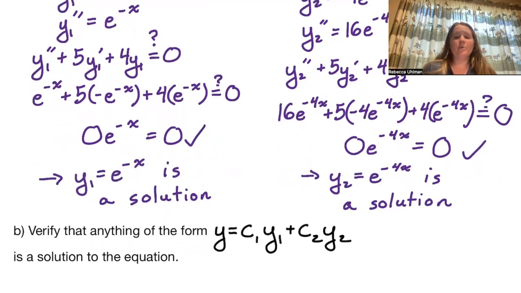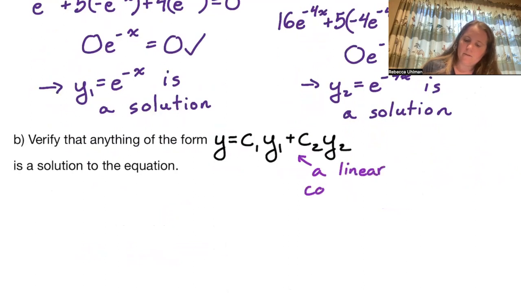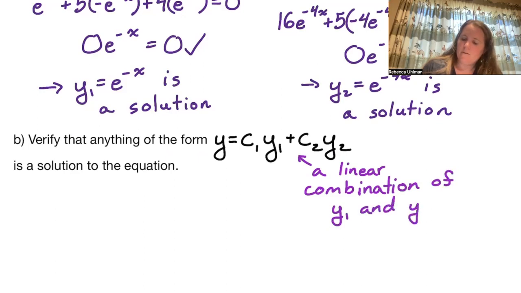Our next step, we are going to take what is called a linear combination of y1 and y2. So we are going to take some constant c1 multiplied by y1, and then plus some constant c2 multiplied by y2. And we want to verify anything of this form is also a solution.